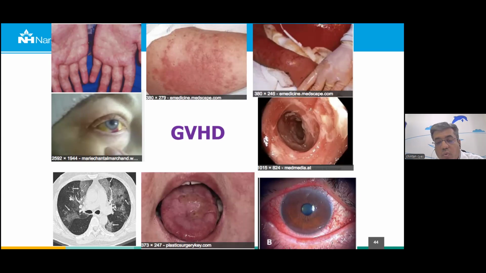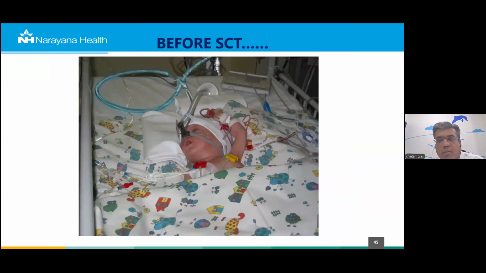You can see the oral GVHD, the leukoplakia, what we call whitening of the oral cavity. You can see the eye, the corneal scars and corneal GVHD. So GVHD can involve any organ as far as we know. That is why it is important to address in your long-term clinic.